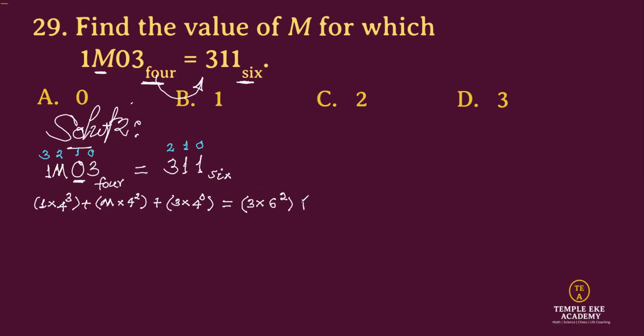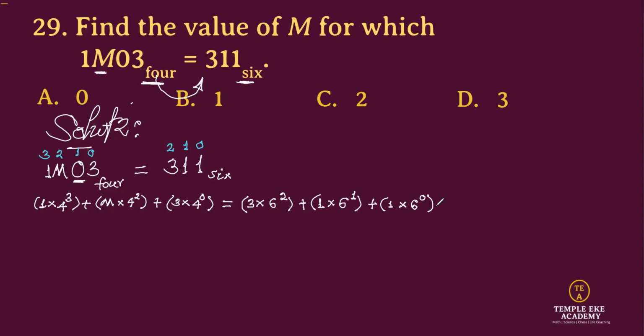Plus the next digit, which is 1, multiplied by the base 6, raised to the power the number written on 1, which is actually 1. Plus the last digit, and the last digit is 1, of course, multiplied by the base, and the base is 6, raised to the power the number written on it, which is 0.